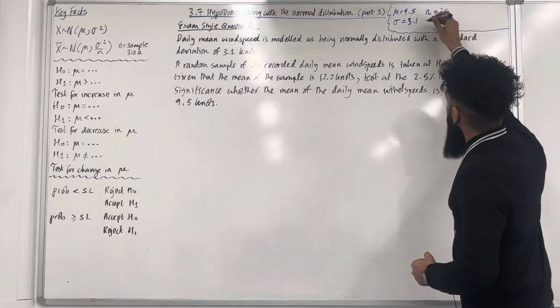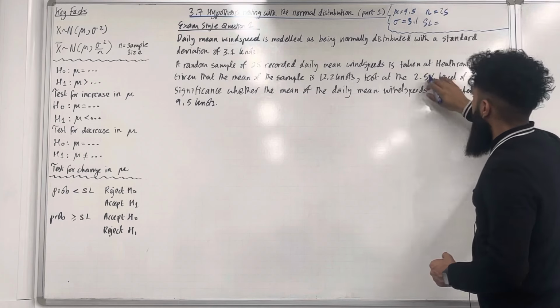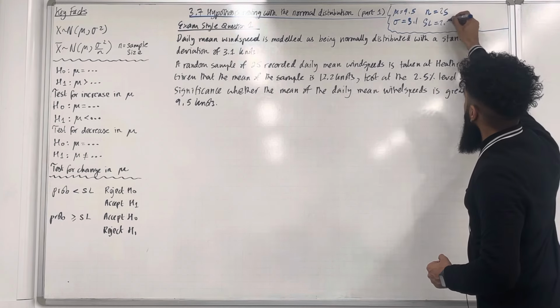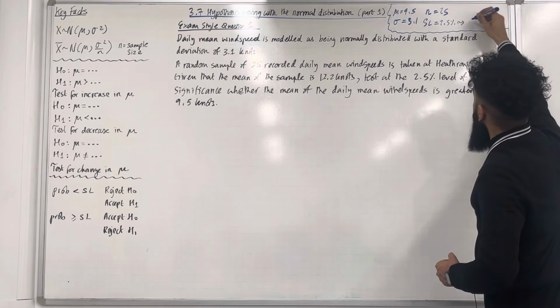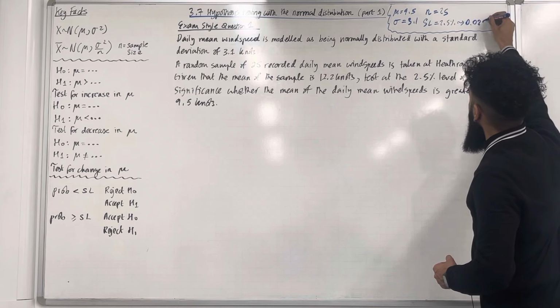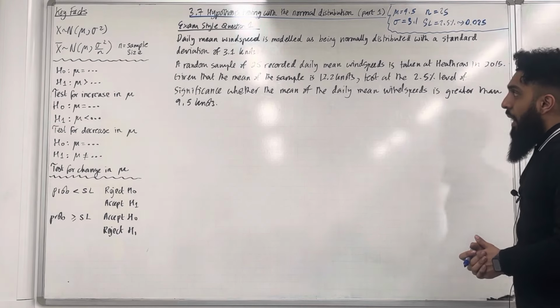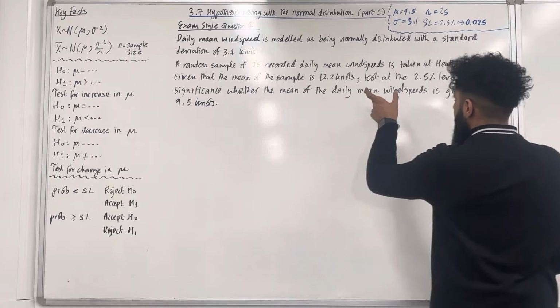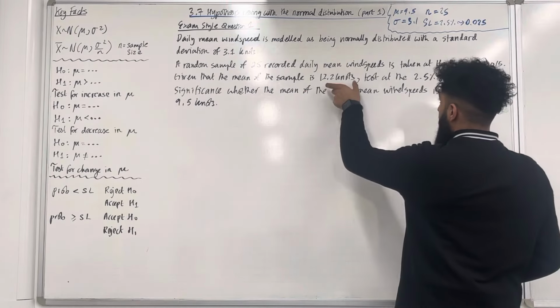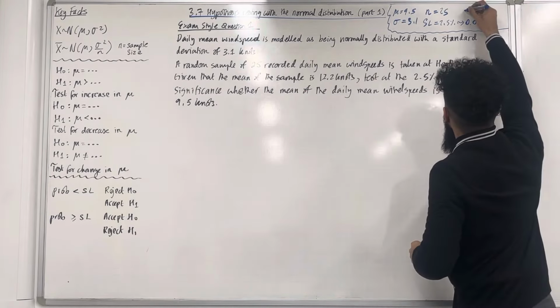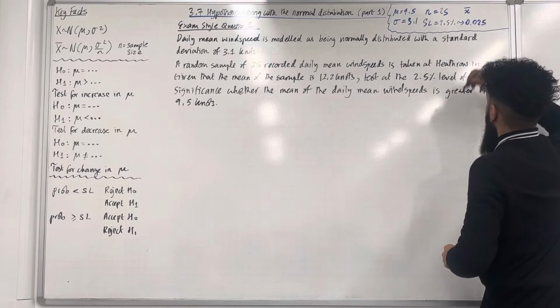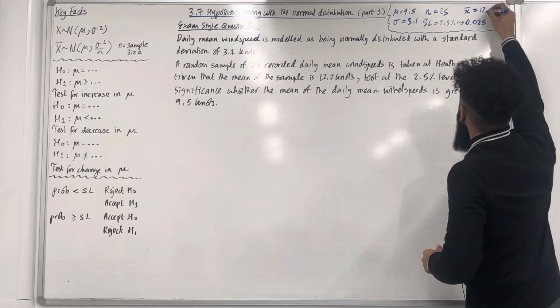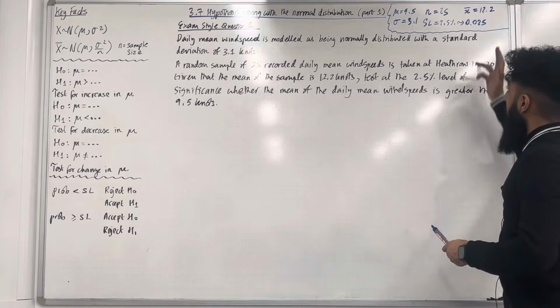The significance level is 2.5%, which is equivalent to 0.025. Okay, so from the 25 recorded daily mean wind speeds, the sample mean was 12.2 knots. So we have that x bar, so lowercase x bar, is equal to 12.2. Right, so that's all of my key facts.